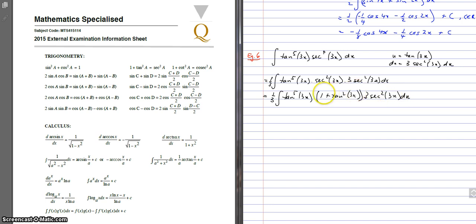Okay, so it's working in a similar way to what we did with the odd powers of sine and cos. Alright, so we've got 1/3 out the front here times the integral of, now we can do our substitution of tan 3x with u, so that's u to the power of 5 times 1 plus u squared du.